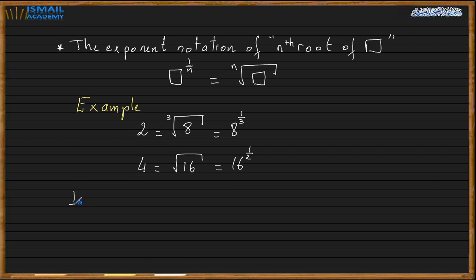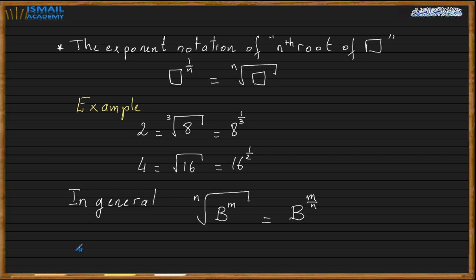So in general, if I have the nth root of b with exponent m, which is a power, we just put b and put the fraction m over n. This is the general notation for how we transform from nth root to exponent notation.